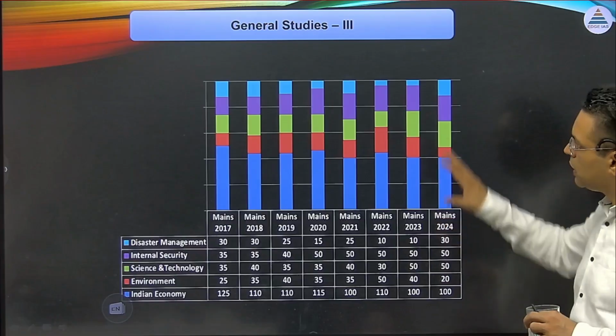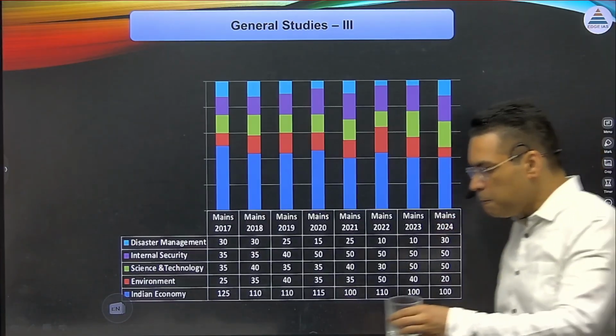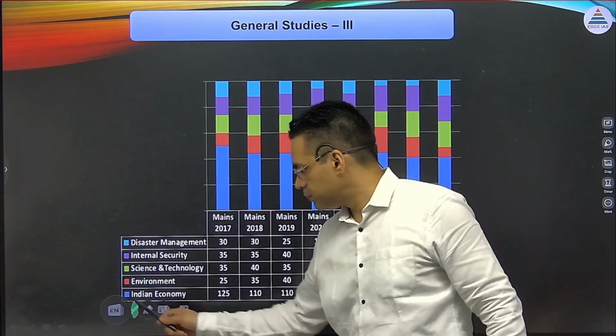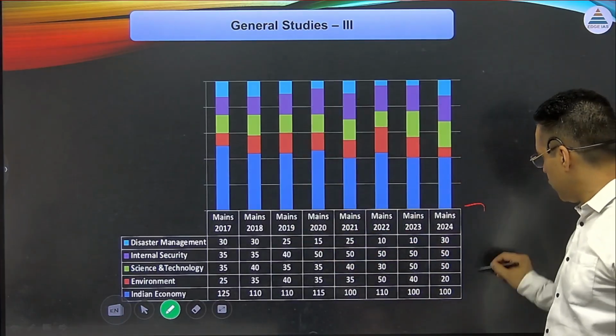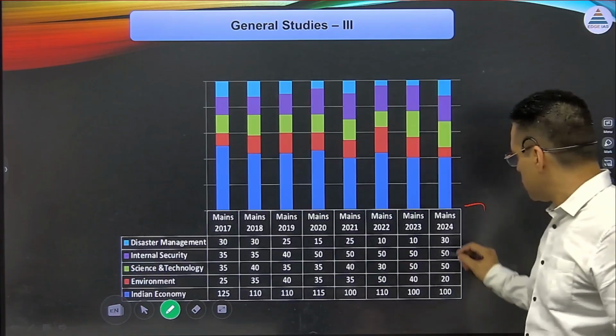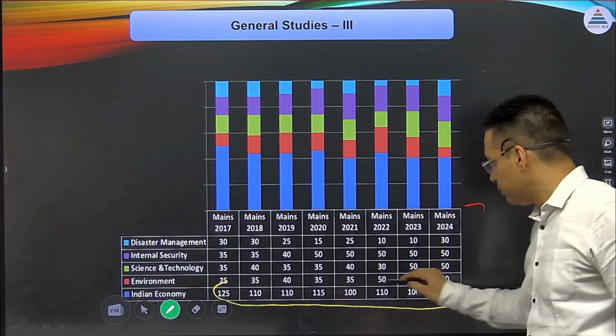Then coming to the mains part. Now mains, which means GS paper 3. In GS paper 3 we have 5 subjects. Okay, and this is the weightage. 25 I have not added. So if you look at the economy section, this is the economy section.